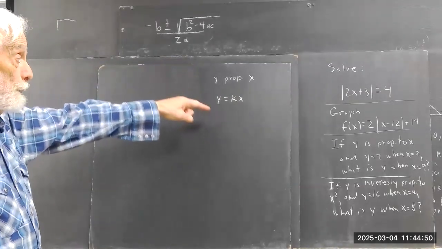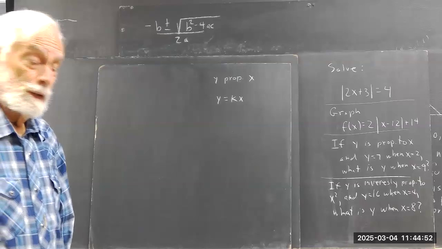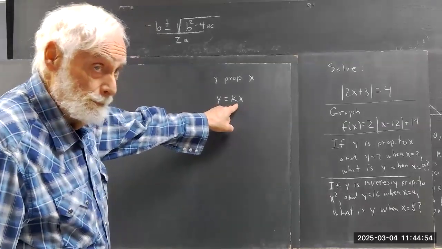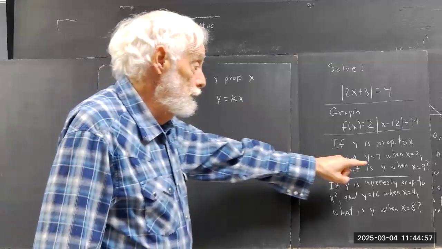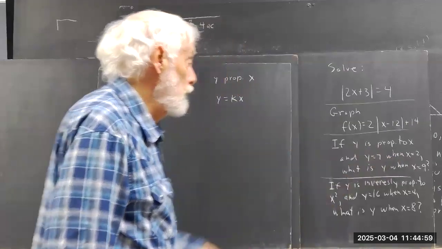That's what it means for y to be proportional to x. Now you have to find a value for k. Well, you have the information that when x equals 2, y equals 7.